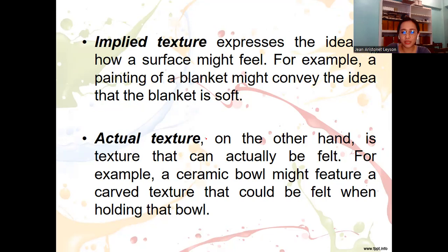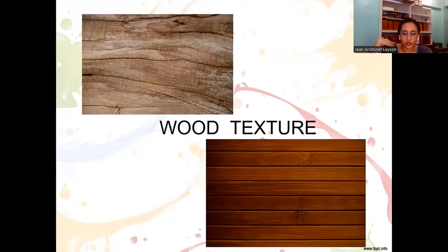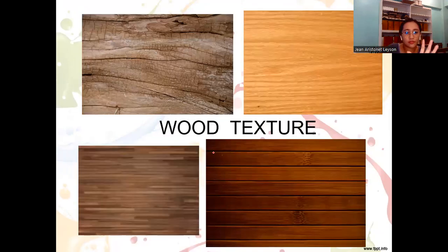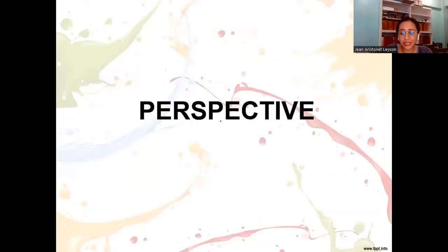So, actual meaning you can actually touch or feel that object. So, wood texture. Here you can see different types of wood, and just by merely looking at these pictures, you will have an idea as to how these will feel like. Next, we have perspective.